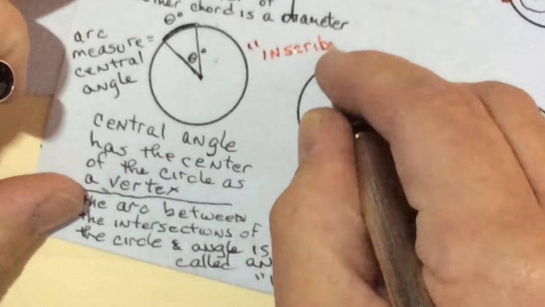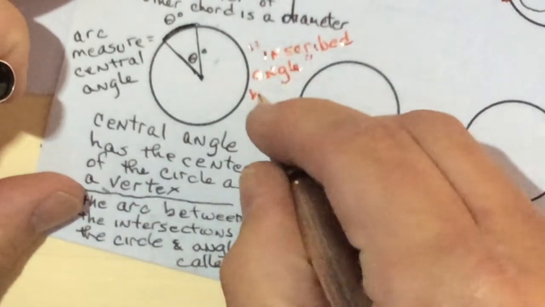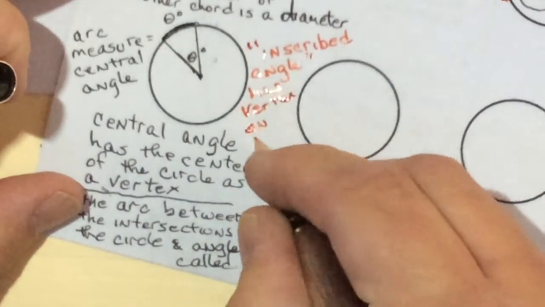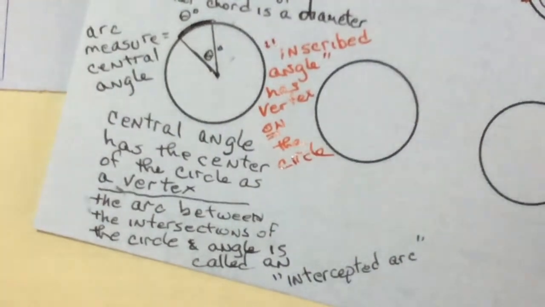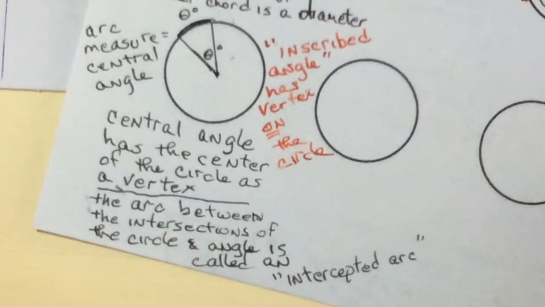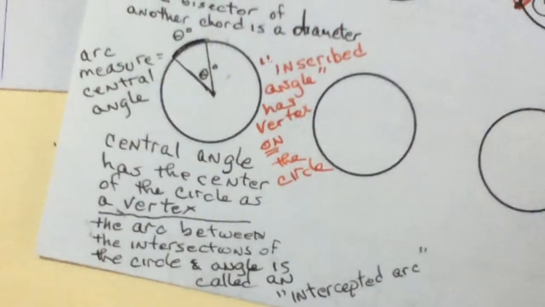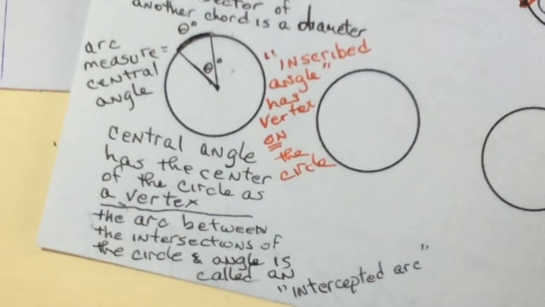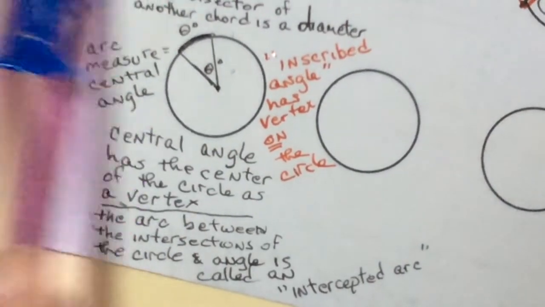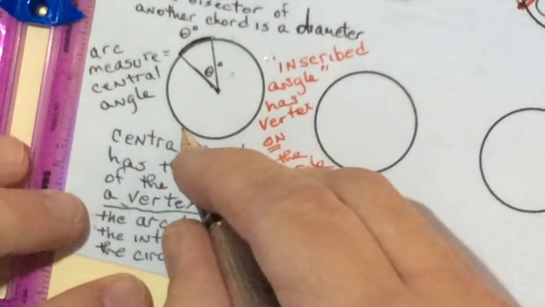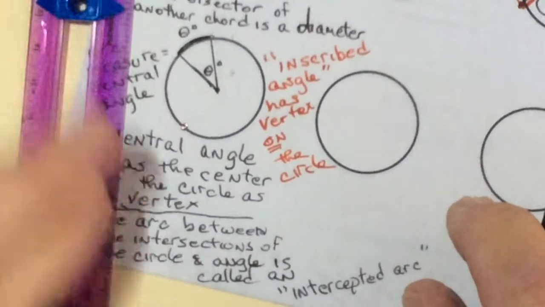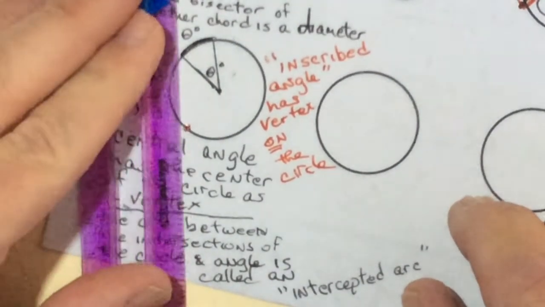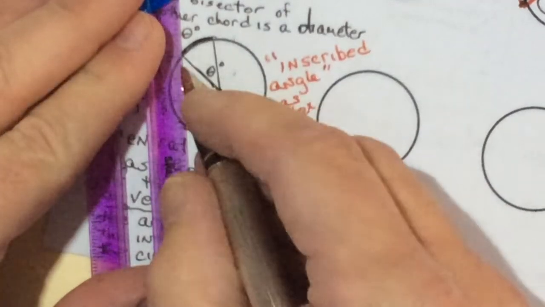An inscribed angle has its vertex on the circle. So an example of an inscribed angle that intercepts the same arc as the one I just drew, and this is sort of random, I'm going to pick any point on the circle, any point at all, and make the angle that is inscribed and intercepts the same arc.